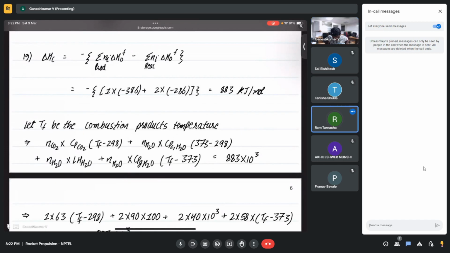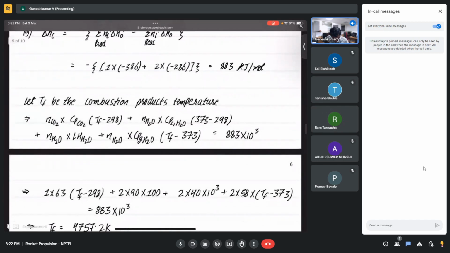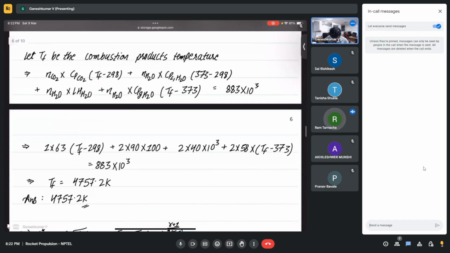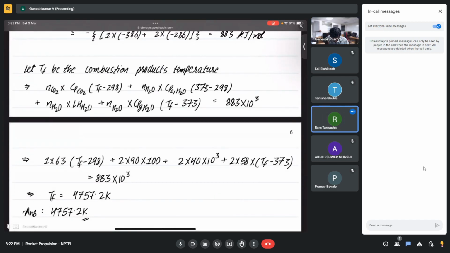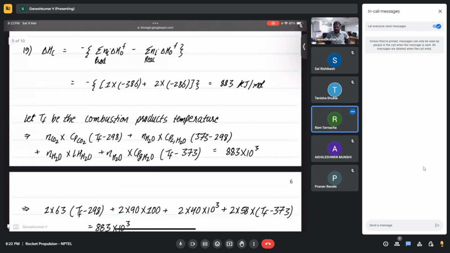So is the solution wrong or something? See, here we've written, when we have combustion products and then the ground emission, there is a relation. H2.